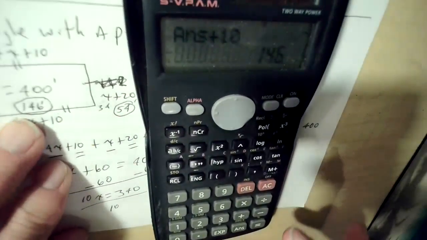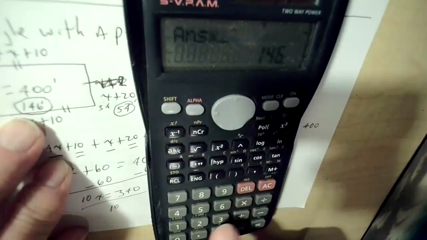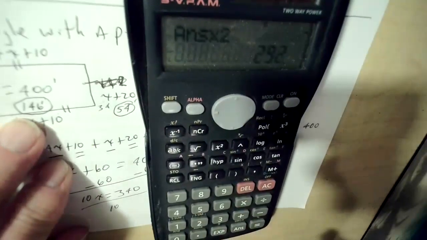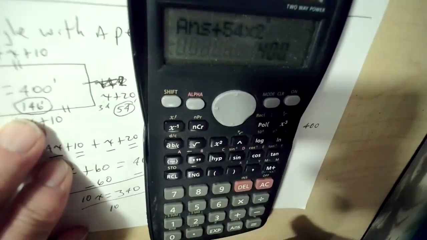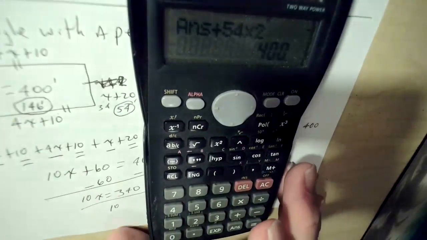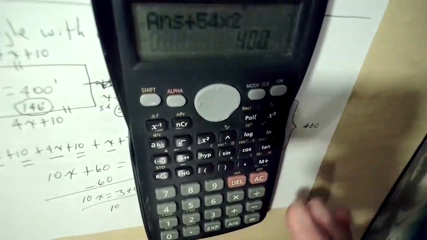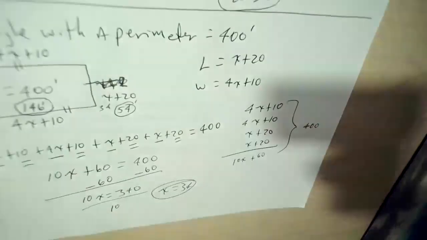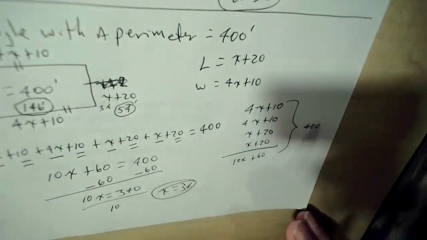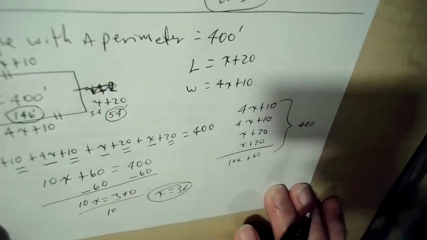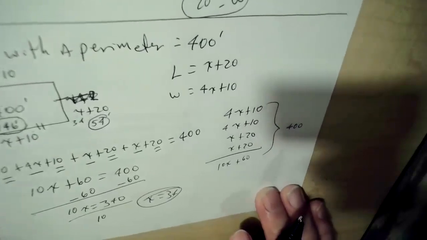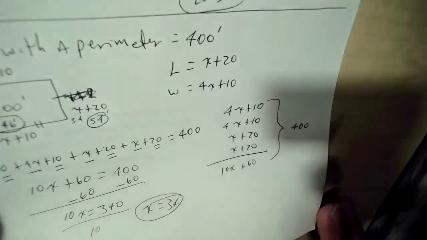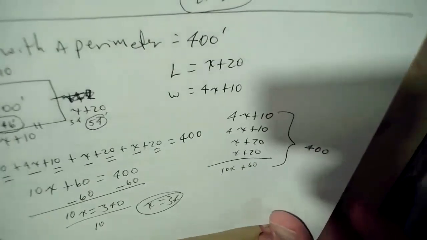And 34 plus 20 is 54. This should be right. 146 times 2 plus 54 times 2. Okay, I put it in the calculator wrong. Okay, look at that problem.